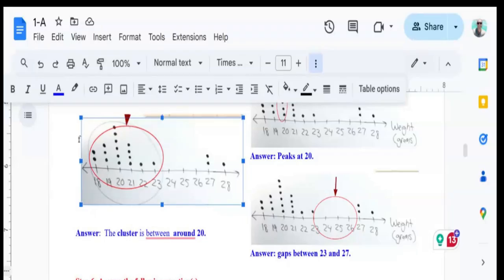This area there's a cluster, and there is another cluster here, and there is a gap in the middle. Condensed means they are joined. So I can say between 18 and 23, or I can say it's around 20. So you can write it this way or that way.